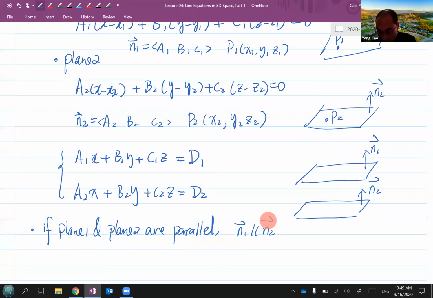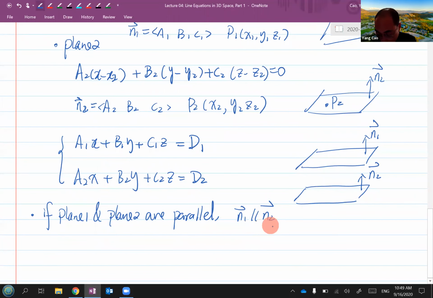Or the other way around, if N1 is parallel to N2, then you can also conclude that the two planes are parallel. Now, what does N1 parallel to N2 mean? Mathematically, they differ only by a scale. So that's what parallel means. So no difference.